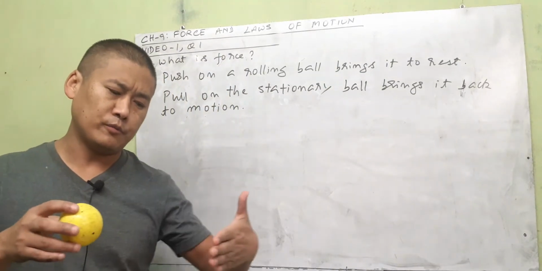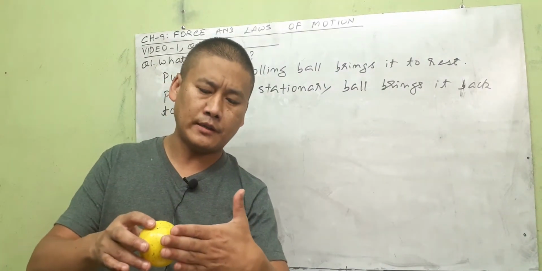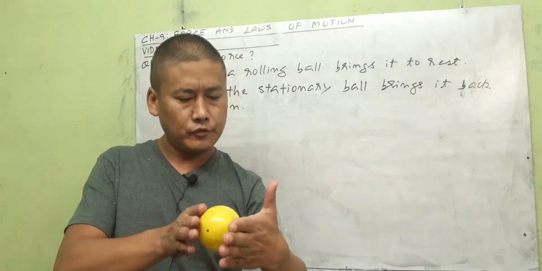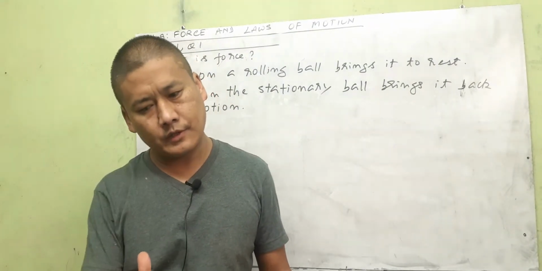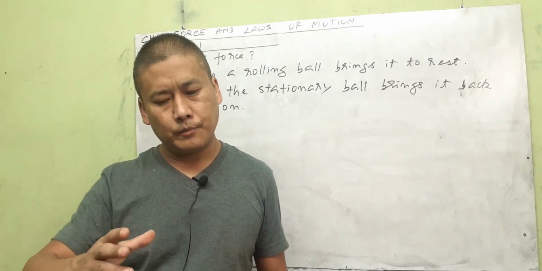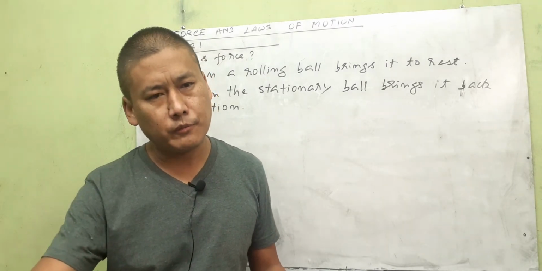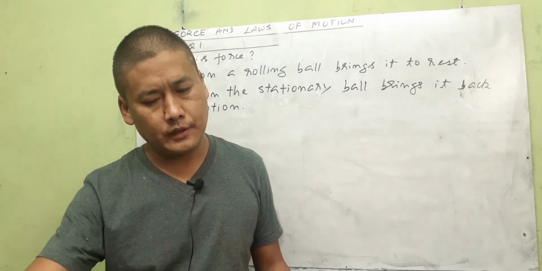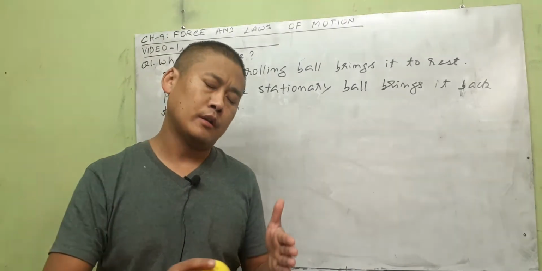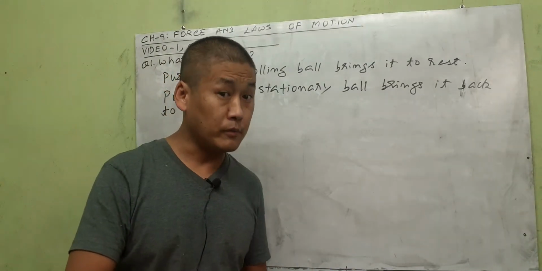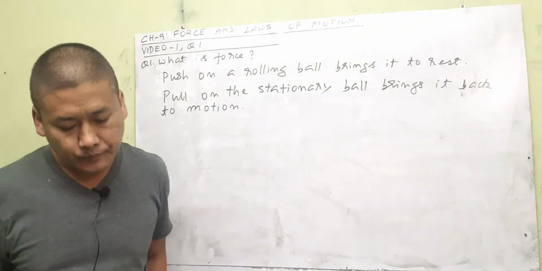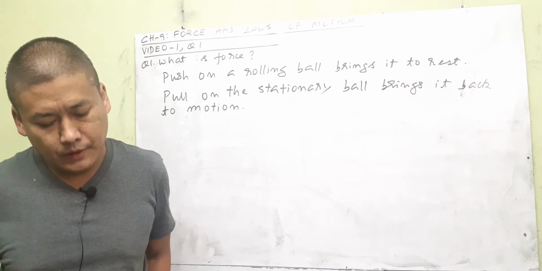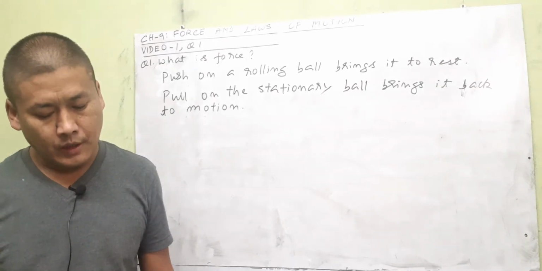Sometimes it need not even be stopping. You give a slight push on the right side of the ball, and the ball will continue to roll, but the direction of rolling will change. So the push or pull that stops the rolling ball, or brings the resting ball to motion, or changes the direction of the rolling ball, all these three are called force, which tends to change the speed and direction of the body.